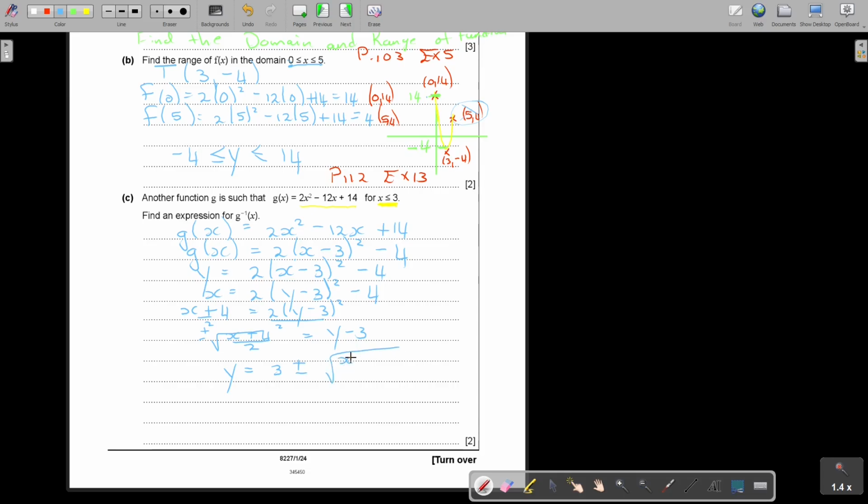the square root of (x plus 4) over 2. But now, this is very, very important, and it stands in the textbook in example 13 at the bottom.